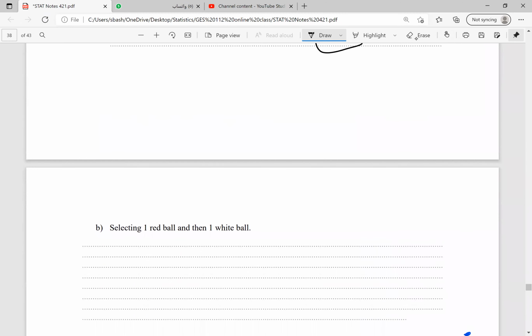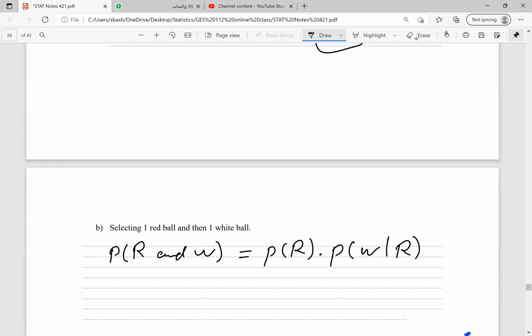Now in this example, selecting 1 red ball and then 1 white ball, to find P of red and white, it will be P of red multiplied by P of white after we select red.